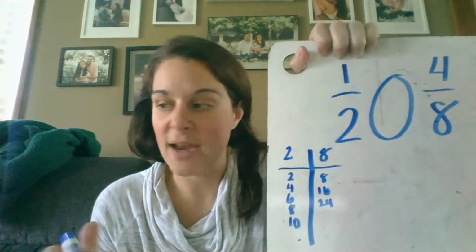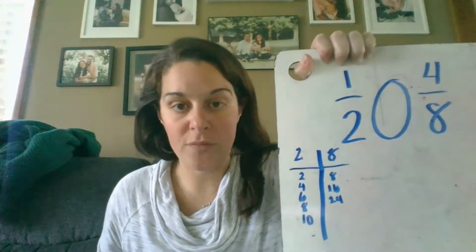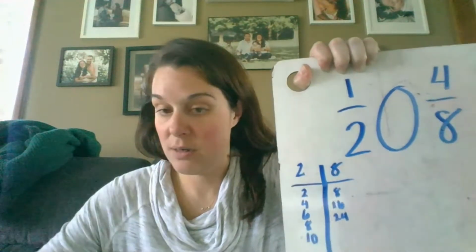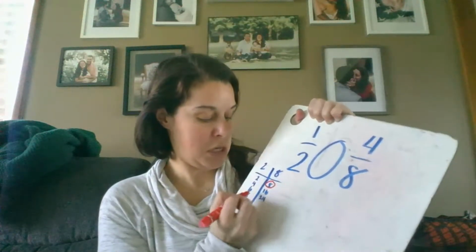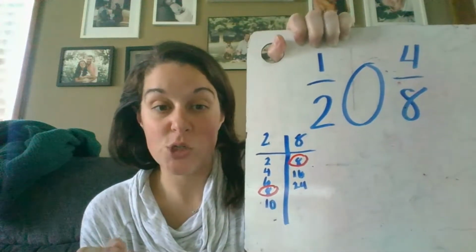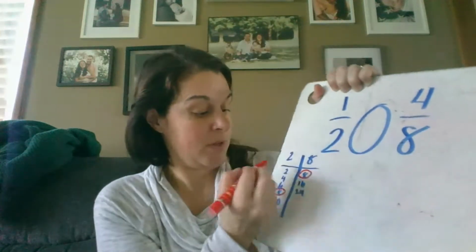Because if I look at that, do I have a number that is in both of my lists of multiples? That would be a common number. I do. I have an 8 right there, okay? So my common denominator between both of them is actually going to be 8, okay?